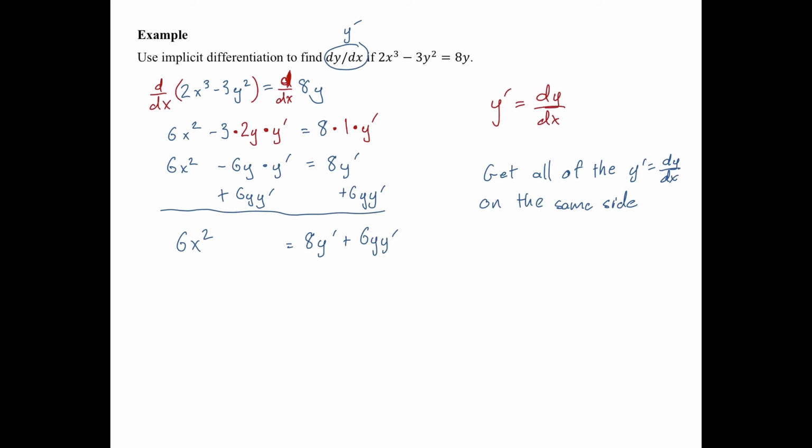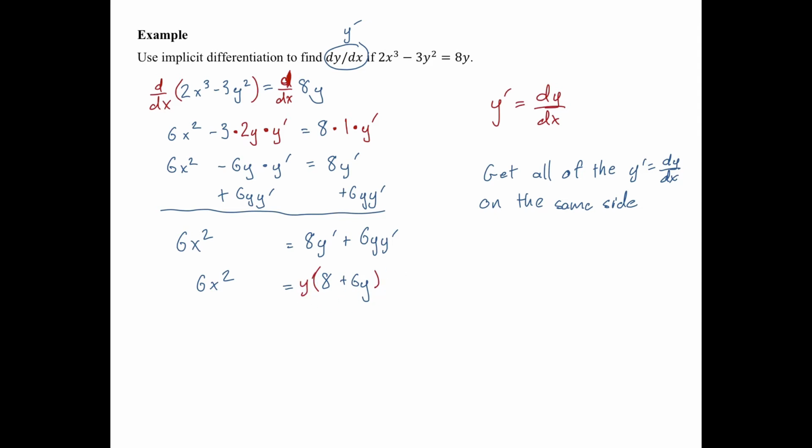So now that we have the y primes on the same side, we can factor them out. So we have 6x squared on the left, and then we have an 8 plus 6y, and they both have a common y prime next to it. We could put it there, or we could put it on the front.